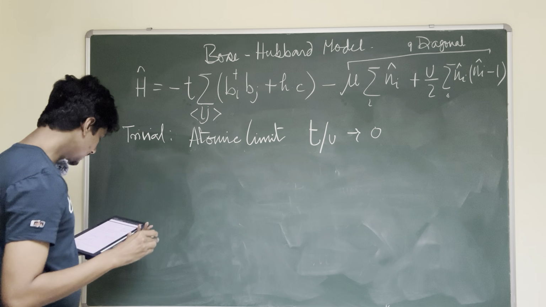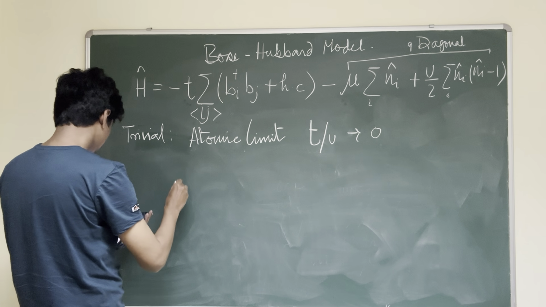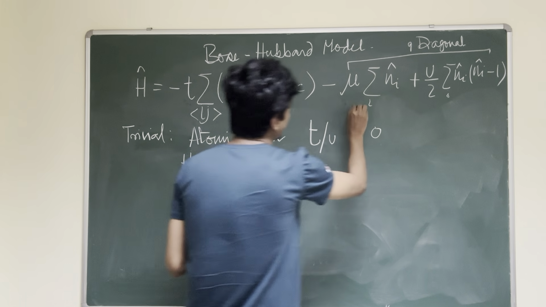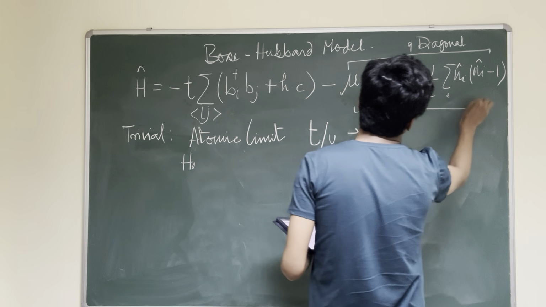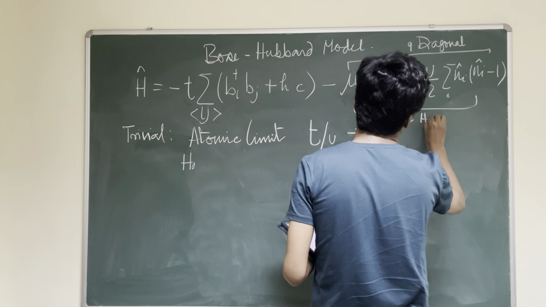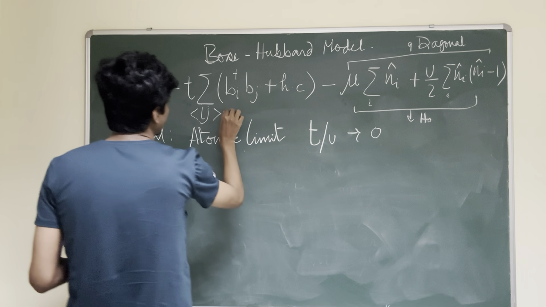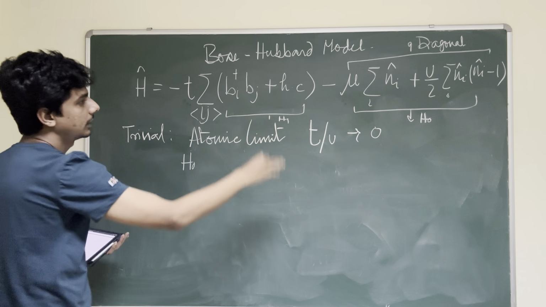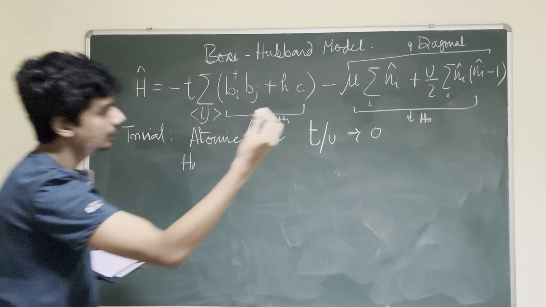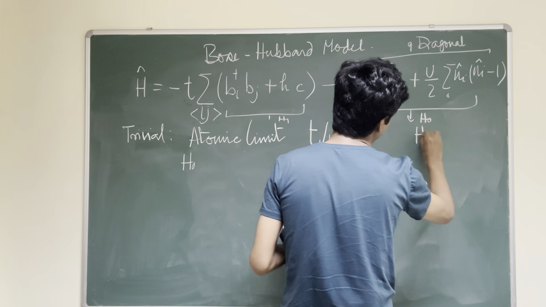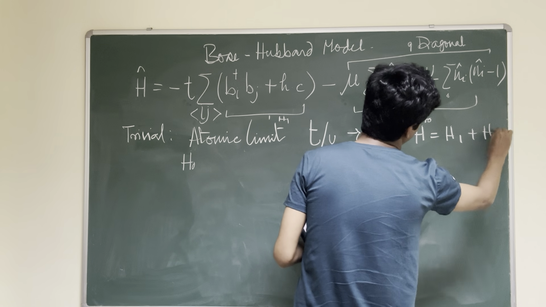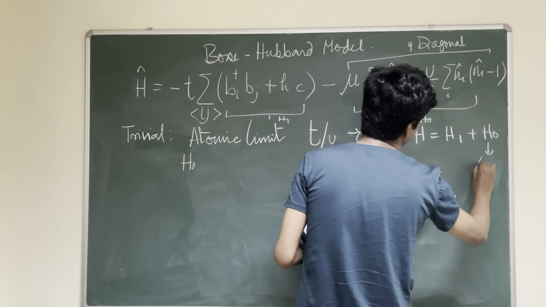In the atomic limit, our Hamiltonian can be written with this part named H0, and maybe this part named H1. H1 is the off diagonal part, and H0 is the diagonal part. The whole Hamiltonian is H1 plus H0.